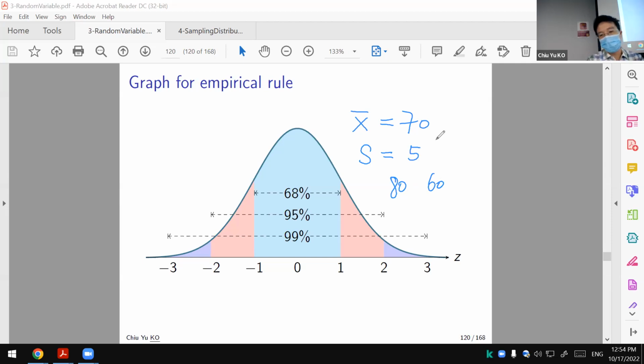And then people ask, what about 65? Are you doing good? Again, not very good as well, because around 70% is nearby the 1 SD boundary. You're at the boundary of 1 SD, so probably at the end you get a B- or B if you continue on that path, right?